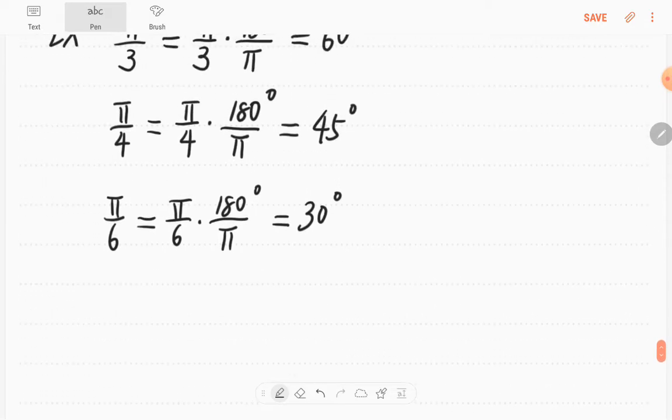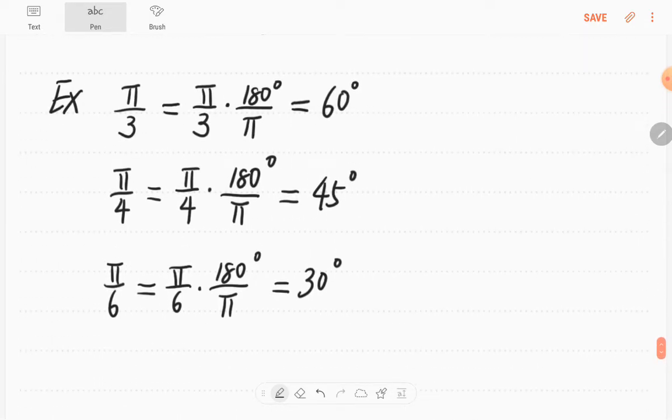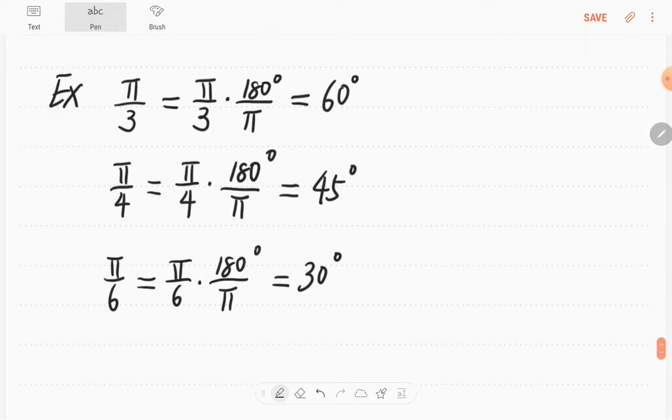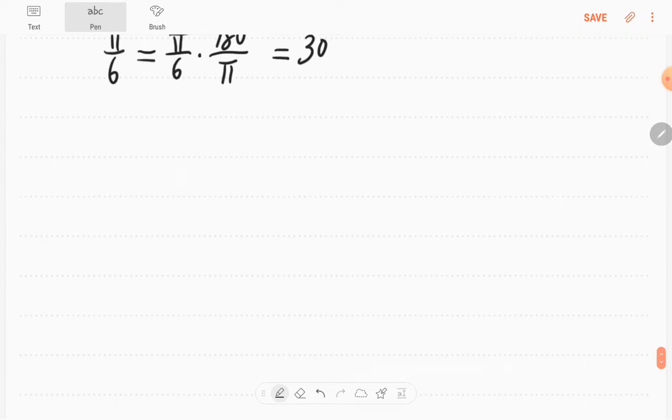So far our radian always has pi, but actually the radian measure doesn't mean you must have pi in the angle. The radian is just a number, right? We could have 2.4 radians. If you have an angle equal to 2.4, that means the measure is in radians, which is a real number.